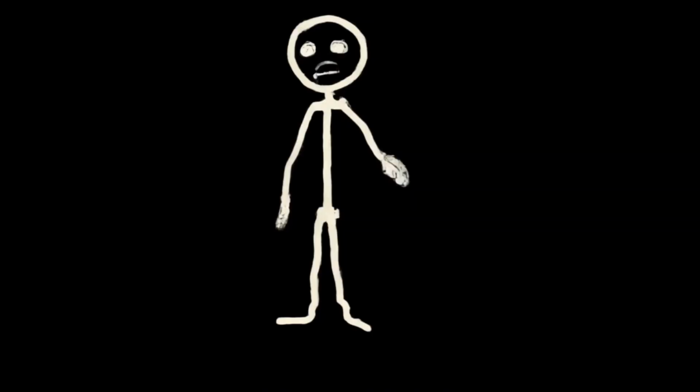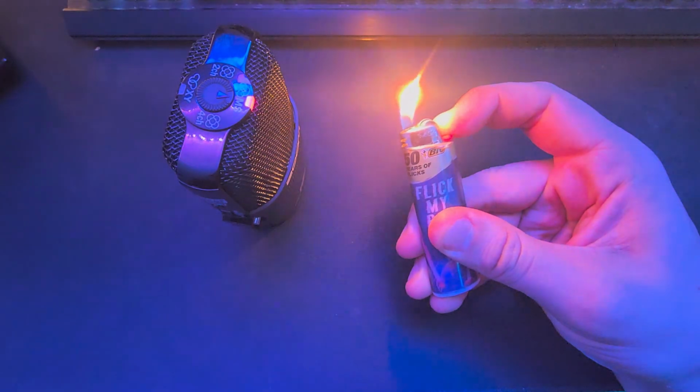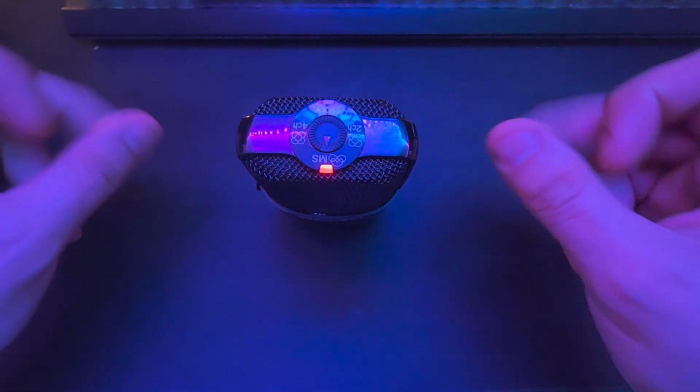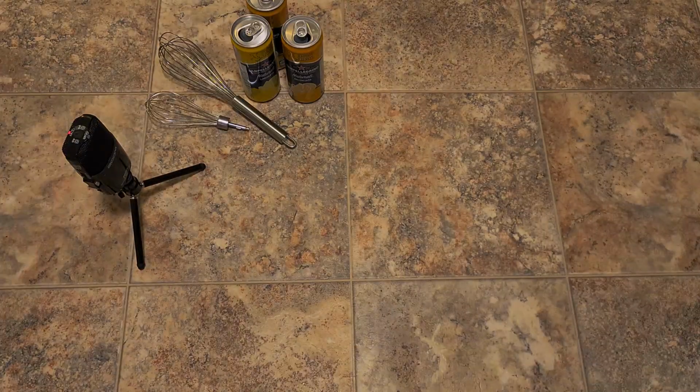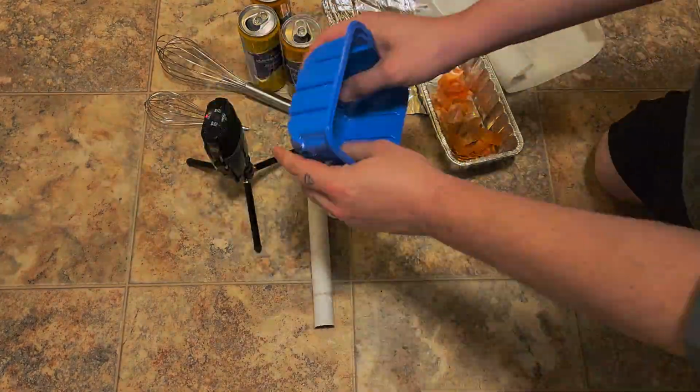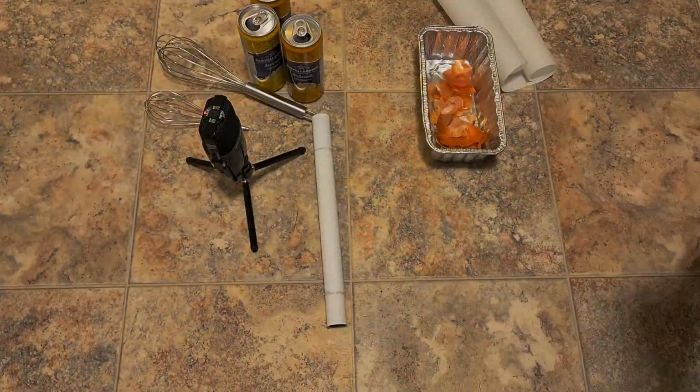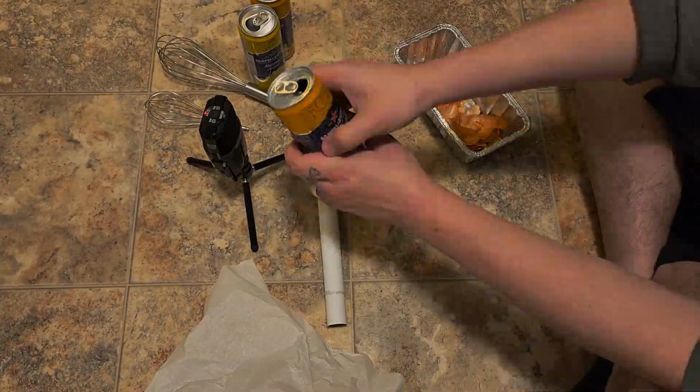Try to find sound effects, things like lighting a lighter, or snapping fingers, recording vegetables making different sounds, percussive sounds, textures of crinkling and rustling different things, just a huge variety.